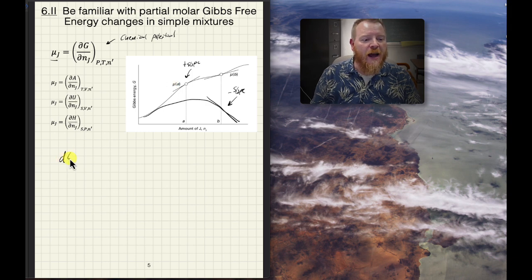So of course, writing out our full differential expression like we've done for a mixture of, let's say, A and B, we could write that as the following.